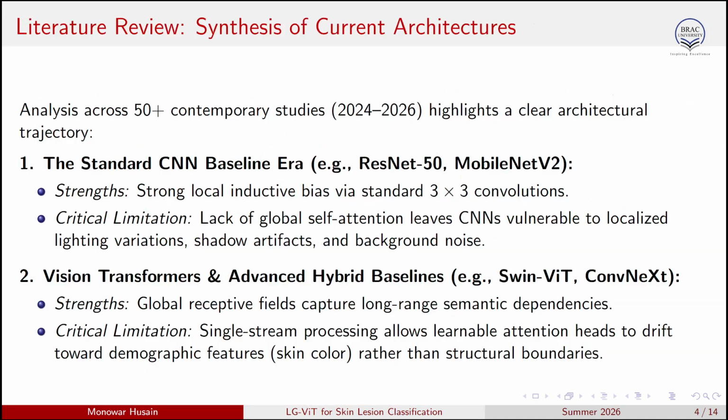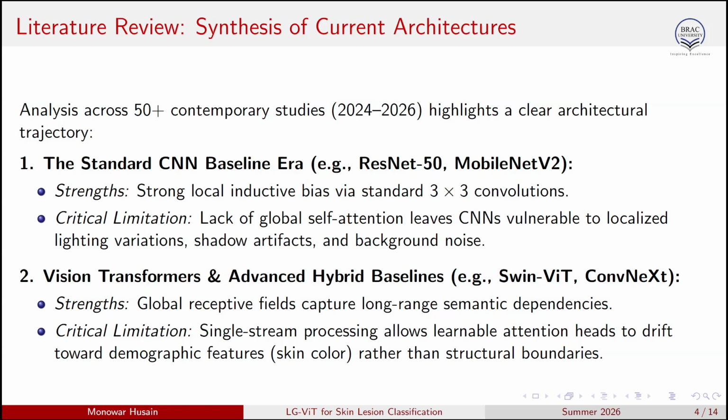In synthesizing over 50 contemporary studies, we observed two distinct architectural eras, both with persistent flaws. The standard CNN baselines like ResNet-50 have strong local feature extraction but lack global self-attention, leaving them highly vulnerable to localized shadow artifacts.